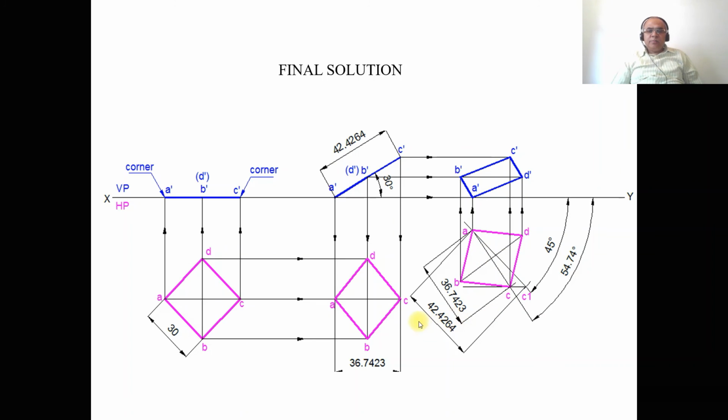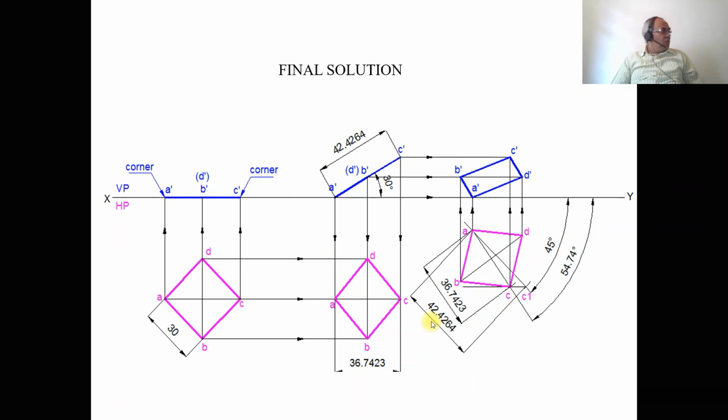And then again, using the compass, you measure the distance from A to this point. From A, transfer that onto this line, and then you mark this point here. Then to this inclined line you draw a perpendicular line.